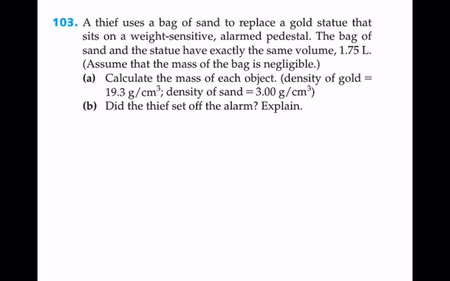So basically, think of it this way. Here's my 2 bags, ugly looking bags that a thief would take, and this is AU as in gold, and this is sand. They both have a volume of 1.75 liters.